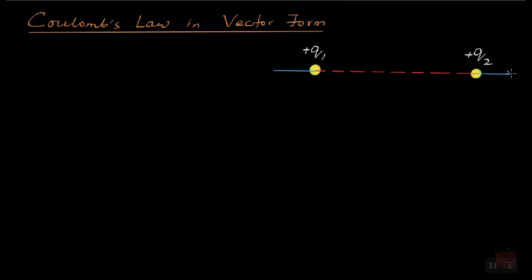Let's say this is F12 and this is F21. What is F12? It is the force on Q1 due to Q2, and this is the force on Q2 due to Q1.